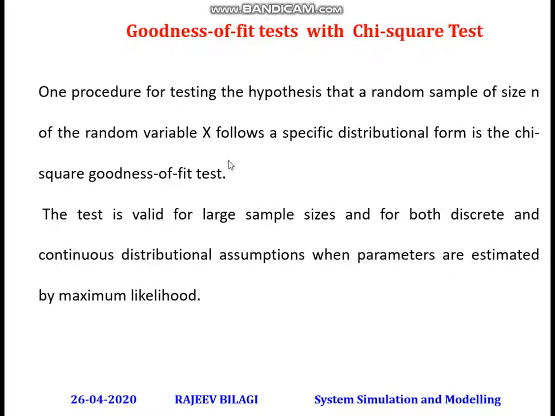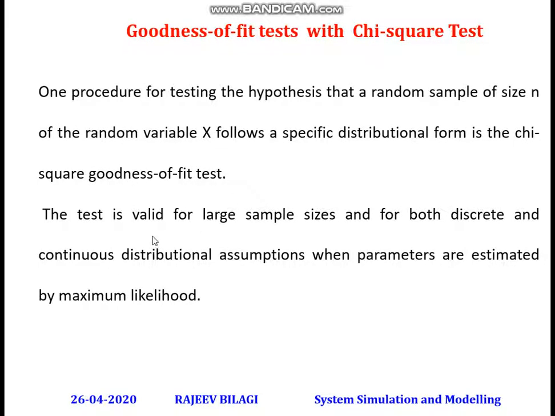One procedure for testing the hypothesis that a random sample of size n of a random variable x follows a specific distributional form is the chi-square goodness of fit test.